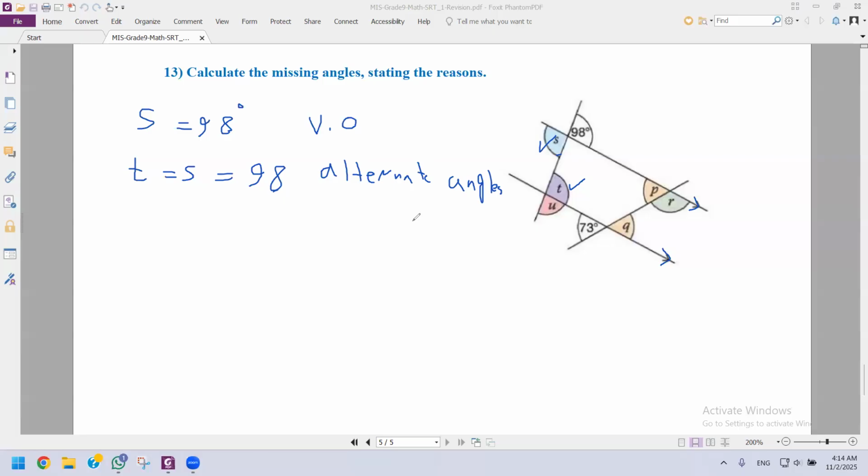Let's try to find u. Look, t and u is making what? 180. Why? The reason is straight line. Straight line means 180, right?